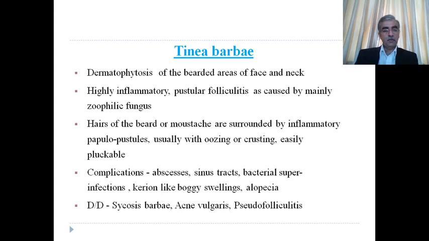So we have to differentiate this fungal infection from sycosis barbae, which is again a misnomer. Sycosis barbae, sometimes some people think it is a fungal infection. It is not a fungal infection, it is folliculitis caused by Staph aureus. Then acne lesions can be similar, so we have to differentiate tinea barbae from acne vulgaris, and then from pseudofolliculitis, which is because of ingrown hair in the skin.